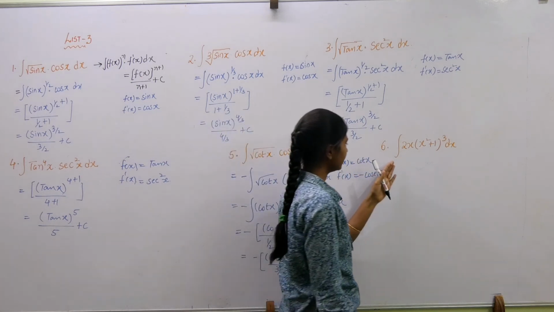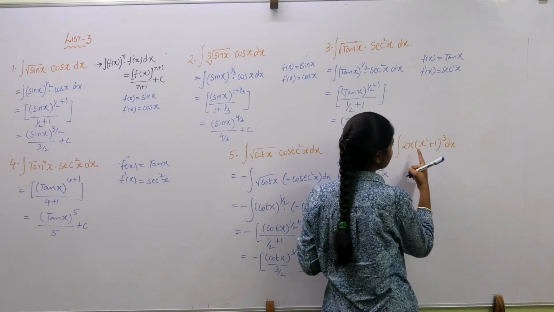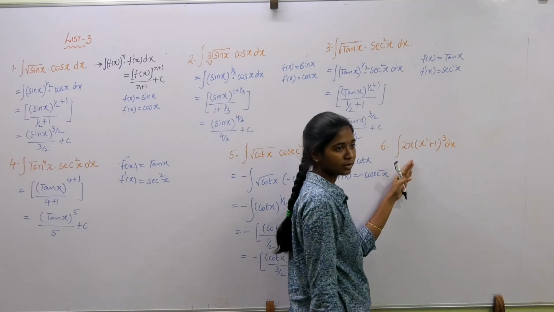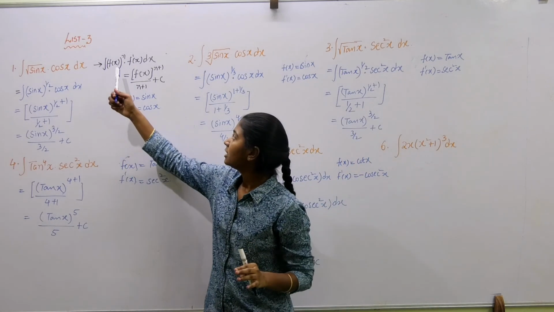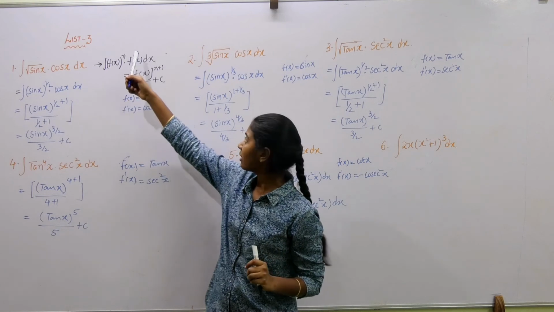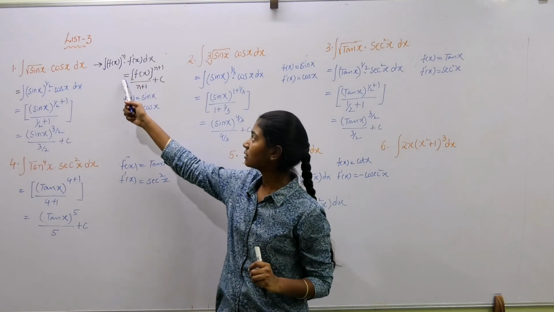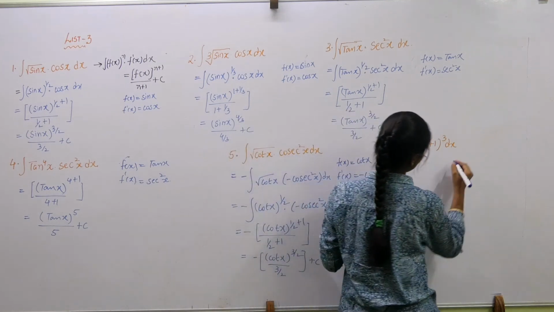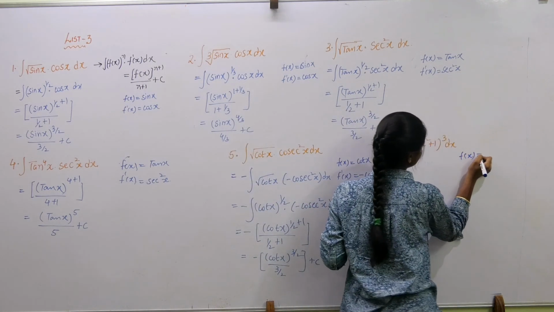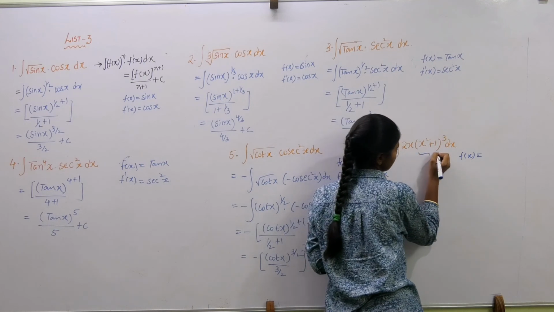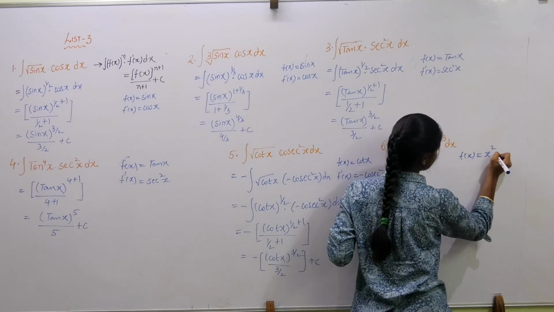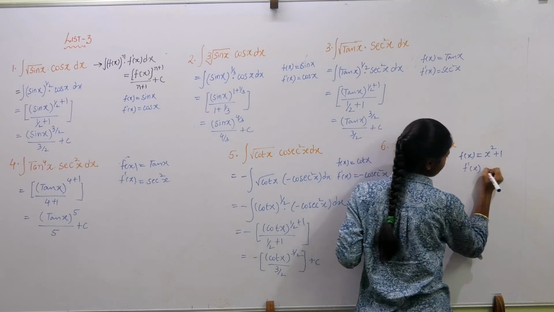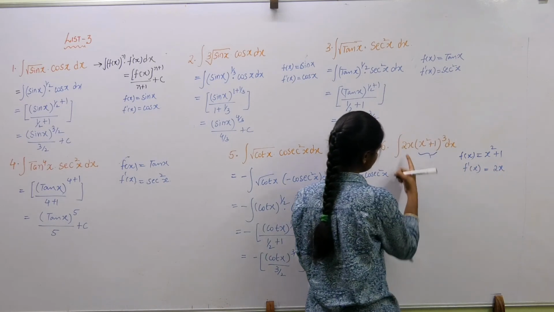Next, sixth one: integral of 2x into (x square plus 1) whole cube dx. This is also in the form of integral of [f(x)]^n into f'(x) dx, which equals [f(x)]^(n+1)/(n+1). Now here f(x) is this function, that is x square plus 1. When we differentiate this function, f'(x) is equal to 2x.